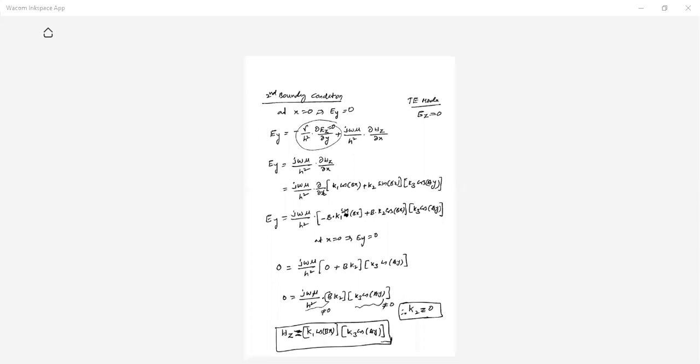That means at y is equal to 0 and y is equal to b. We already know at y is equal to 0, Ex is equal to 0. At y equal to b, what is the Ex value? 0, right. So on the y-axis, the x fields are 0. On the x-axis, the y component fields are 0.